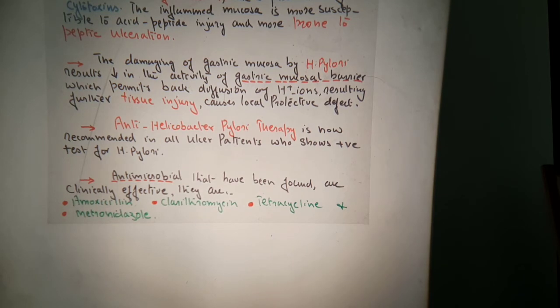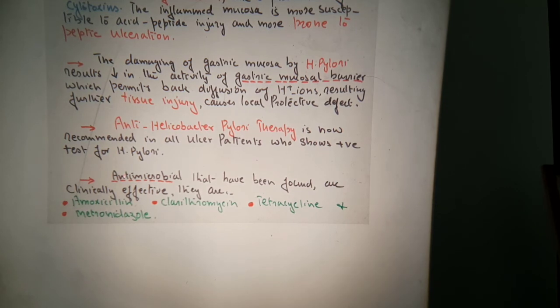Now, to treat this disorder caused by Helicobacter pylori, there are certain drugs known as anti-Helicobacter pylori therapy. Anti-Helicobacter pylori therapy is now recommended in all ulcer patients who show a positive test for Helicobacter pylori.